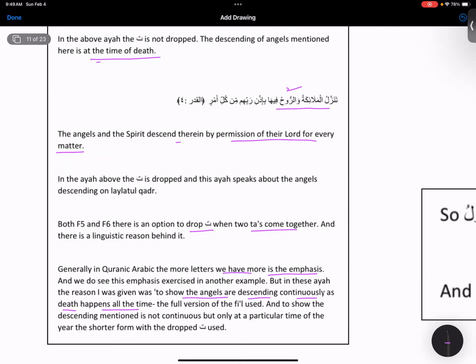So the full version of the fail is being used over here, showing that it is happening more often, and there is continuity. And to show that the descending mentioned is not continuous but only at a particular time of the year, the shorter version is being used. Subhanallah.